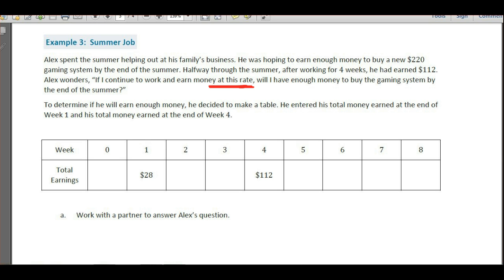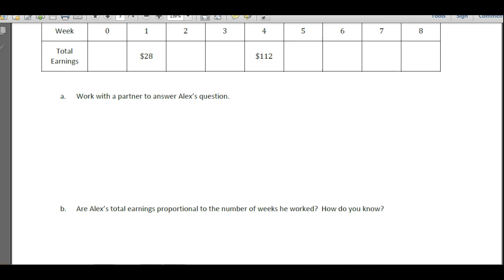Okay, so to determine if he will earn enough money, he decided to make a table. Very good idea. Tables are very good. He entered his total money earned at the end of week 1 and his total money earned at the end of week 4. Well, you can see down here in A, it says work with a partner to answer Alex's questions. You may work by yourself, or work with your mom or dad or sister or brother.